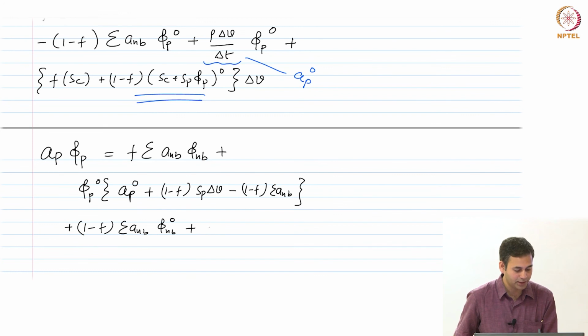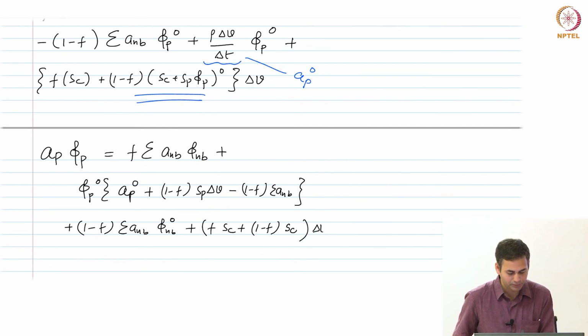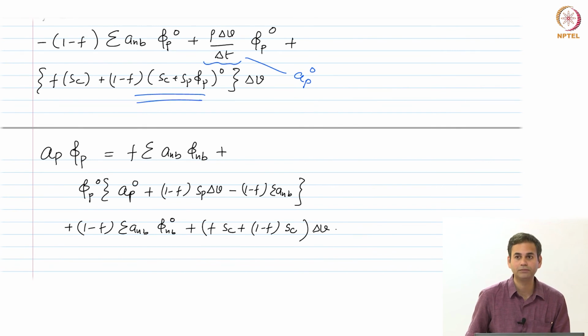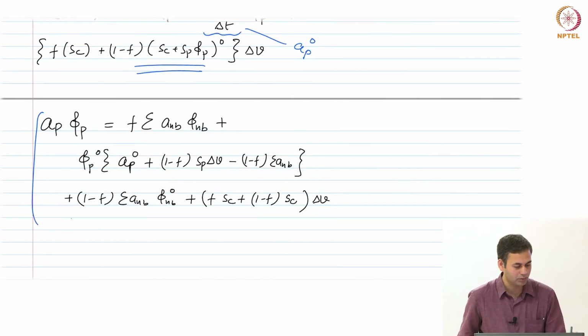That is basically F times SC1 plus 1 minus F times SC, times delta V. This should be just SC delta V if we choose some F here. So did we get AP phi P equals sigma A NB phi NB plus B? We have got it. I think this is the working equation now.